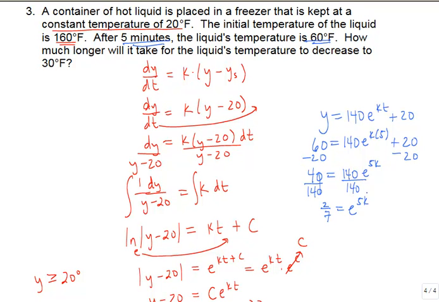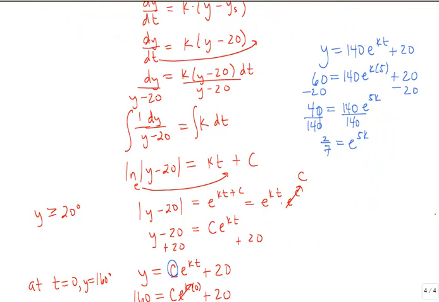5k. Now that that e is isolated, I can take my ln of both sides. The ln and the e cancel out, giving me just 5k. And if I divide by 5, then now I know that k is 1/5 ln of 2/7.